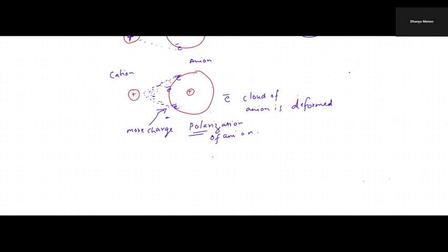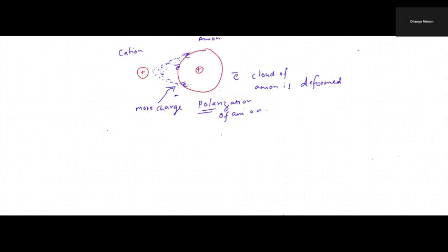Similarly, we also have the polarizing power of cation. So now this particular ionic bond has acquired some covalent character. Polarization of anion has taken place.